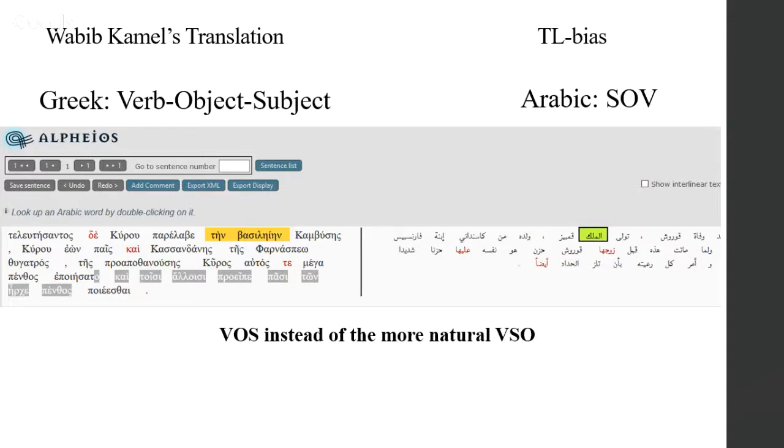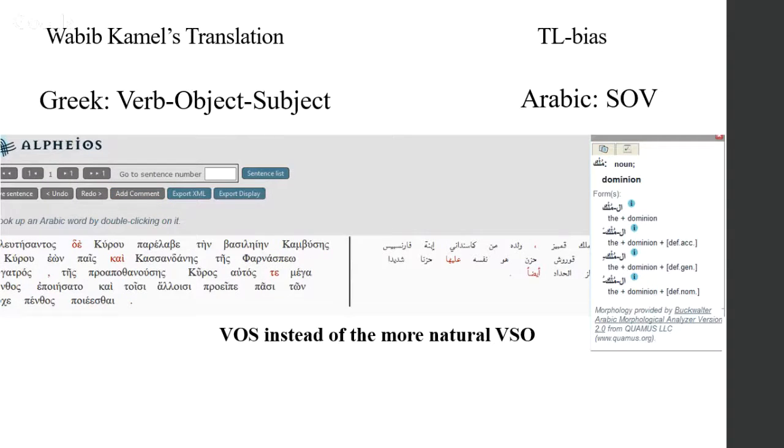Then we have the second word, tin Pasilian. On the right-hand side, you have al-mulka, which is the object. You see here the verb in the Greek clause, the verb in the Arabic, the object in the Greek, the object in the Arabic, al-mulka. And again, if you don't know what this is, you could go to the Alpheios and click on it, and it will give you the definition. It's a noun, dominion, the throne, and it will give you the form of it, which is accusative.